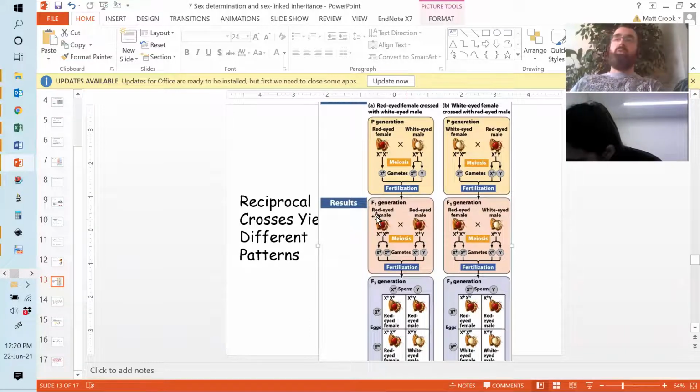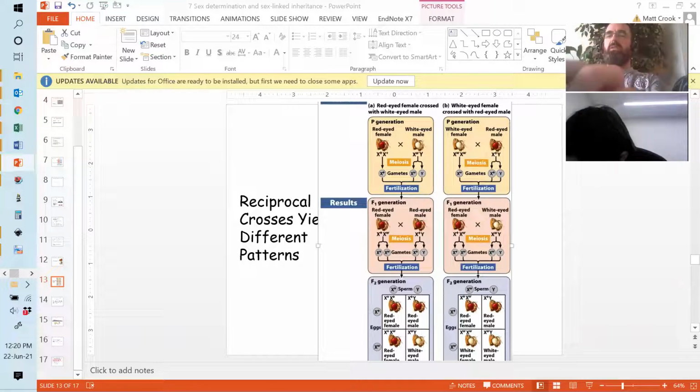This female is now called a carrier, and carriers are, a little bit of a sex linkage term, heterozygous females.